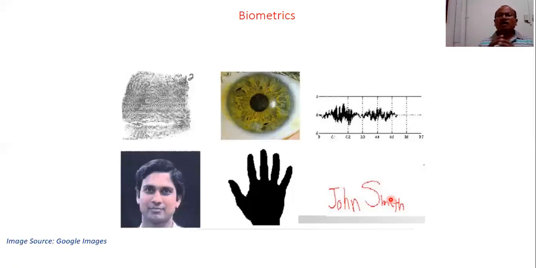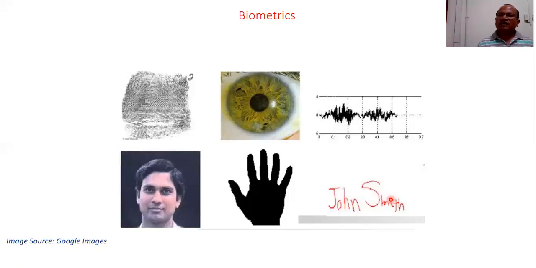Those templates are stored in the database. Next time when you want to recognize a person, the same process repeats, and wherever template matching takes place, that person gets authenticated, the person gets recognized.